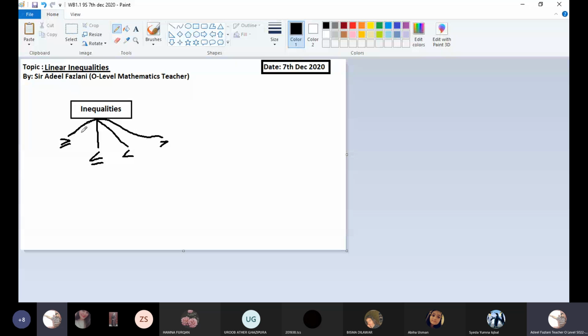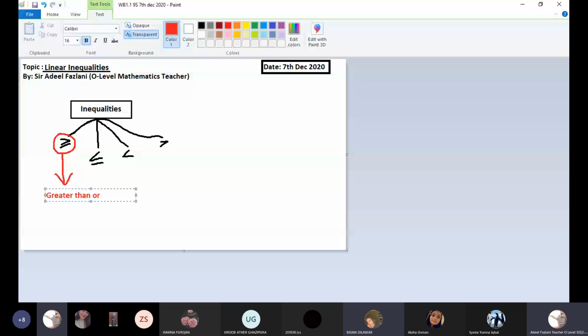Now when it comes to greater than or equals to, how do you read this sign? Can you just tell me how you read this sign? Greater than or equals to. Can we say it like this, greater than or equals to?